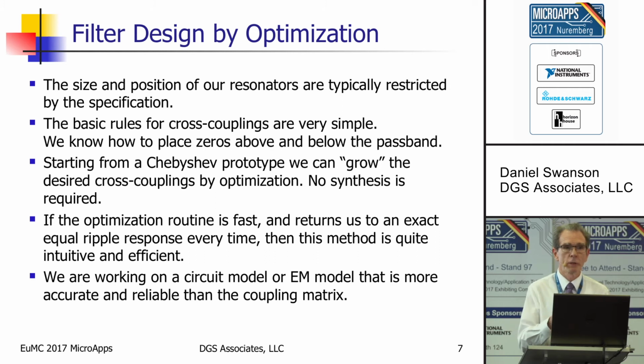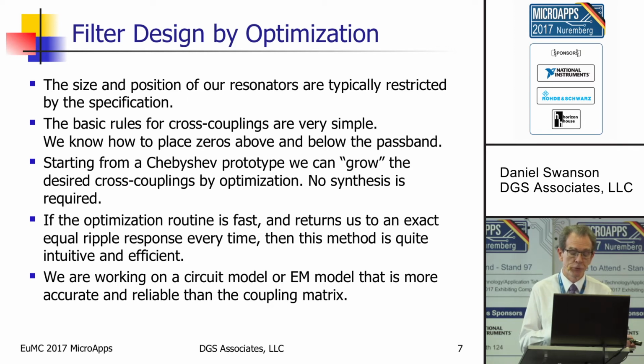So there's really only a few topologies that we can really make work for any given design challenge. The basic rules for adding those cross couplings are very simple. We know how to place zeros above and below the passband. And again, starting from the Chebyshev prototype, we can grow that cross coupling in by optimization.